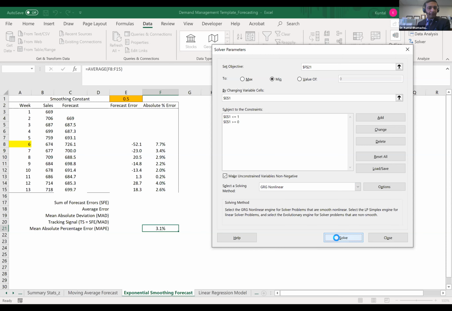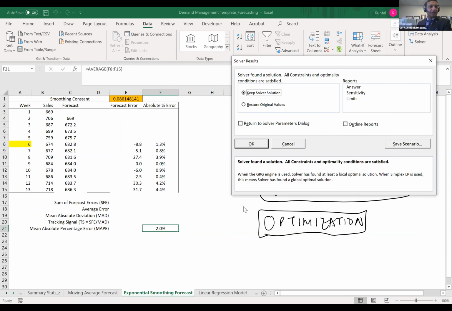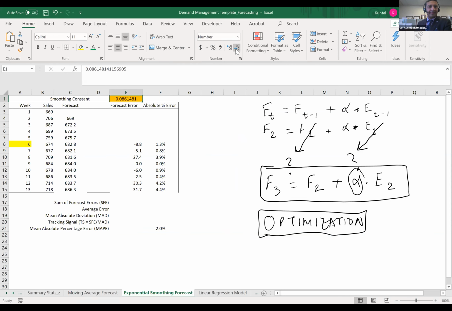Hit Solve. It solves and it asks me to keep the Solver solution. We'll take a quick look at where the value has turned out to be. As you can see, I'm going to keep it. My smoothing constant is 0.086, and I can always clean this up by going to Home and making it, let's say, 4 decimal places.